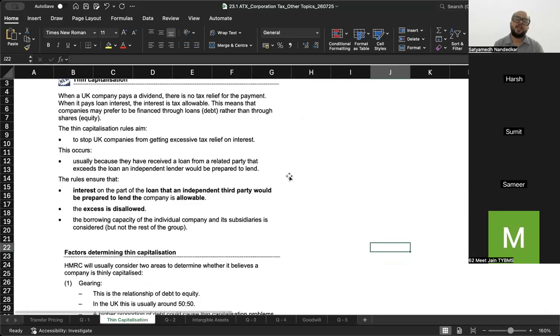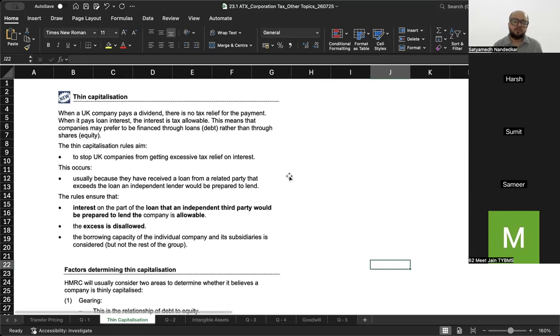Okay. Now, the thin capitalization part. This is a situation where a company is trying to take more debt than what it would otherwise have taken. When a UK company pays a dividend, there is no tax relief for the payment. When it pays loan interest, the interest is tax allowable. This means that companies may prefer to be financed through loans rather than through shares.